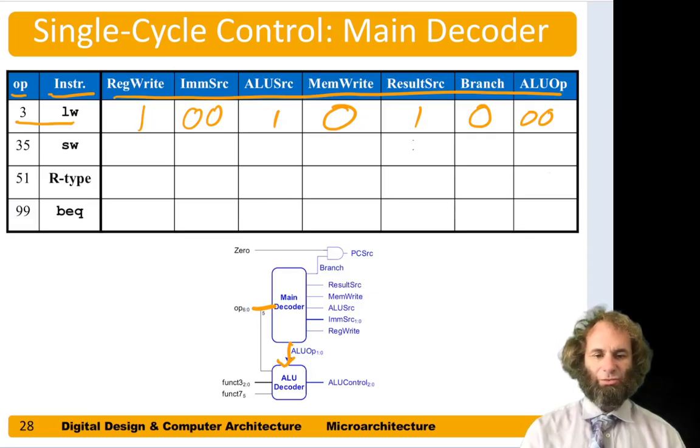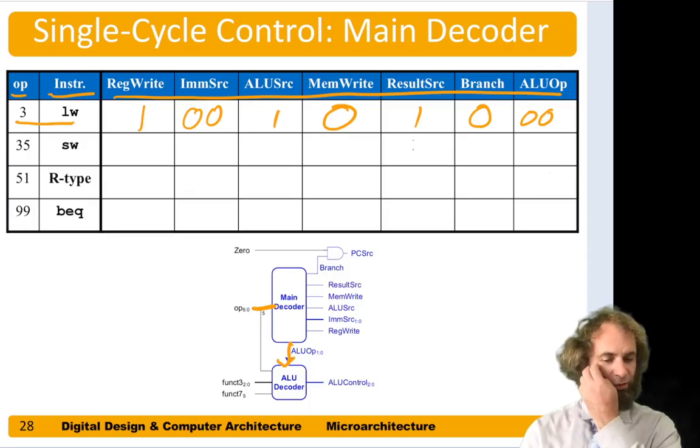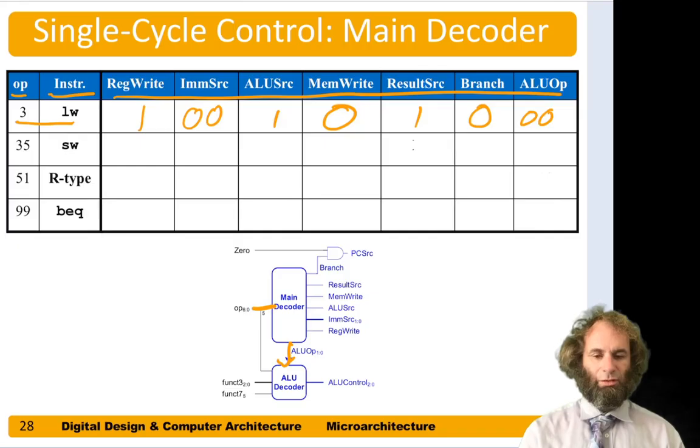Next, let's look at store. So a store word does not write anything to the register file, it just writes to memory. So reg-write will be 0, but mem-write will be 1. A store word was an S-type instruction, and we might remember that IMM source should be 0, 1 to choose the immediate appropriately for an S-type.